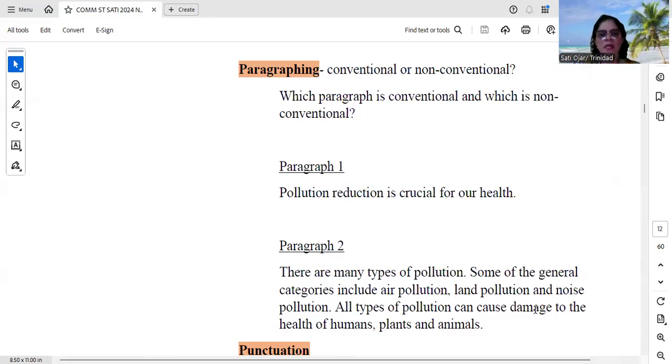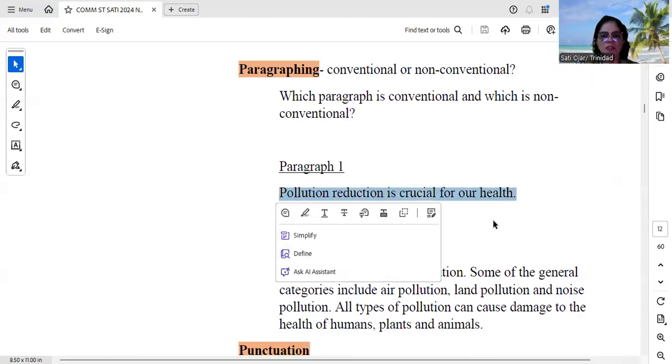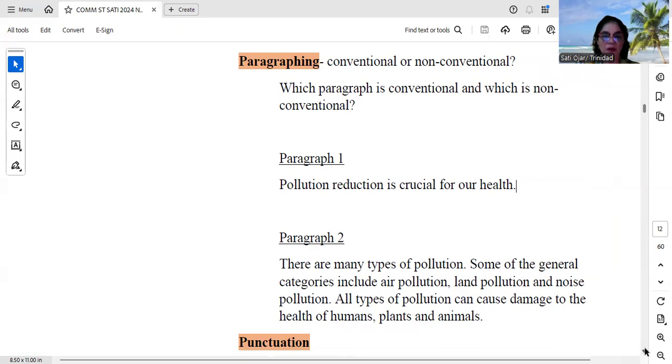Now, if we look very carefully, paragraph 1 does not look like a conventional paragraph, so this is a non-conventional paragraph. Paragraph 2 is a conventional paragraph. Generally, non-conventional paragraphs are created to emphasize something or for some kind of powerful effect. So look out for them.